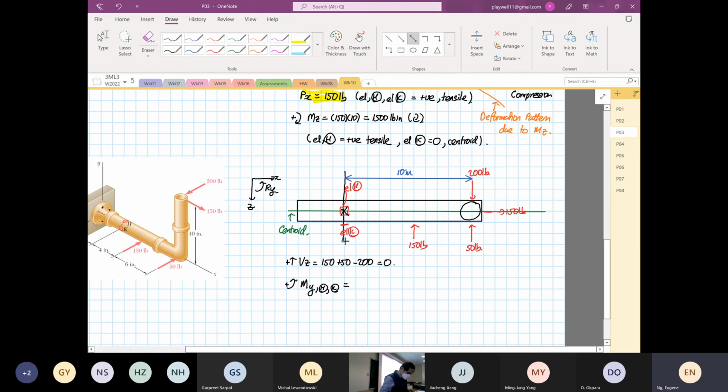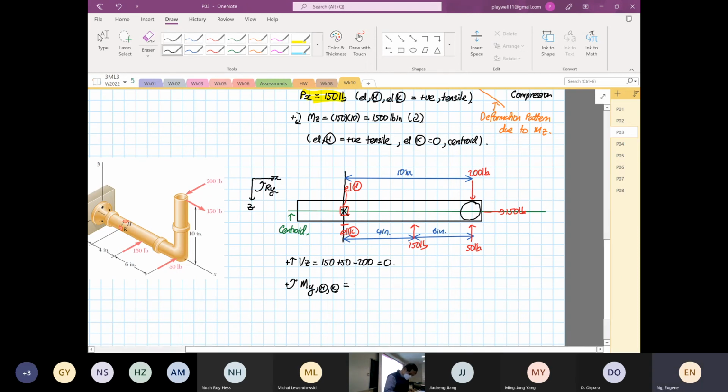Then we have our 6-inch, 4-inch, sorry, I drew it not to scale, my apologies. And then this is our 6-inch. Anything that is rotating in an anti-clockwise direction, moment about y, is my positive.